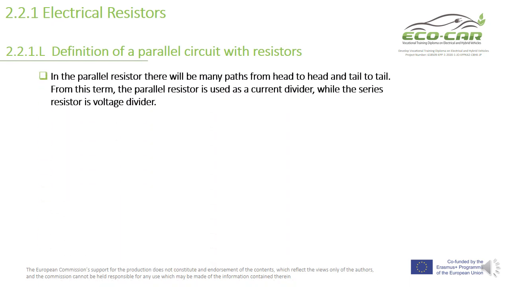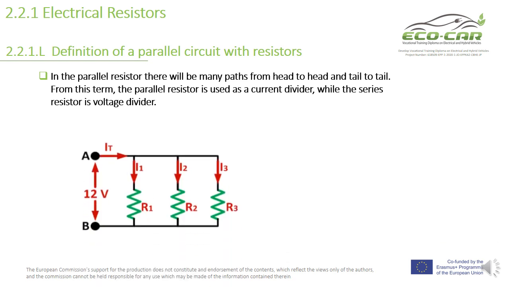In the parallel resistor there will be many paths from head to head and tail to tail. As we see here in this parallel circuit, we have R1, R2, R3. They are three resistors in parallel. These parallel resistors are used as a current divider.